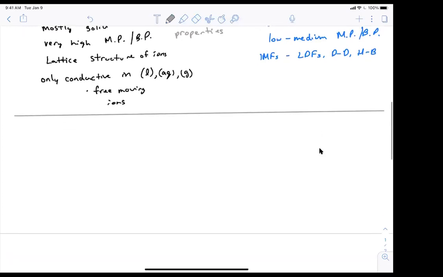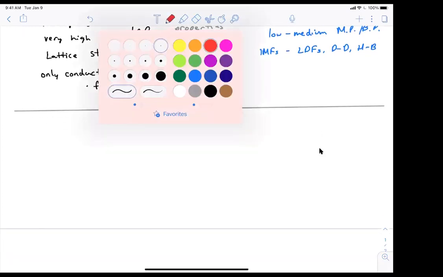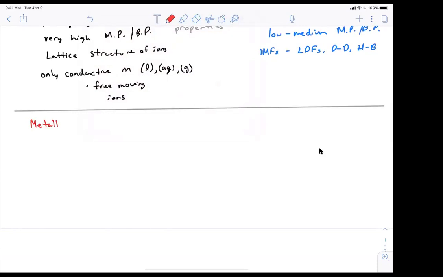Okay. Metallic bonding, I'm going to kind of address down here kind of in its own. With metallic bonding, it is an electrostatic attraction.